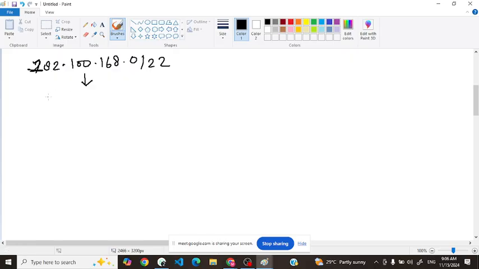What will be the subnet mask, Abdul? It should be 255.255.252.0, since it is /22. Block size: 256 minus 252 is 4.